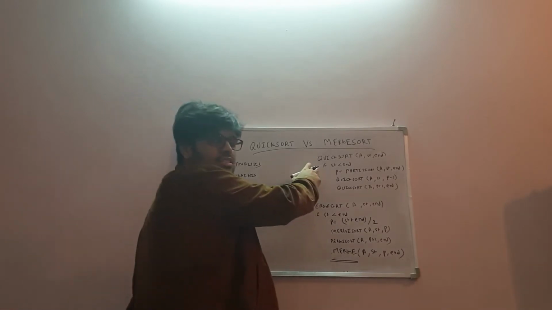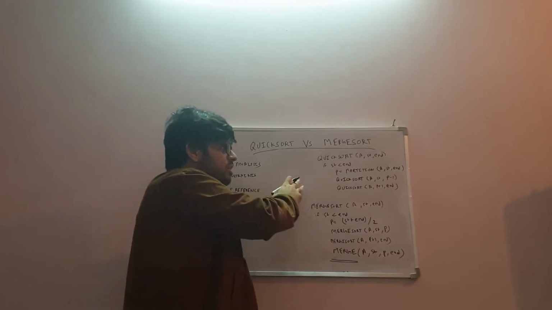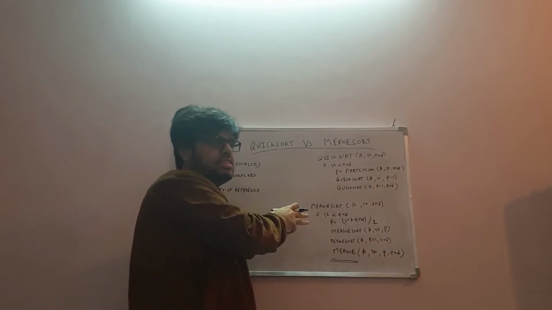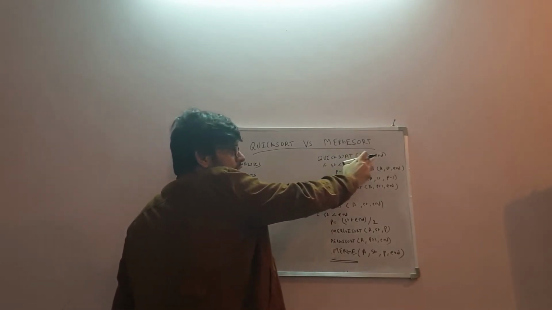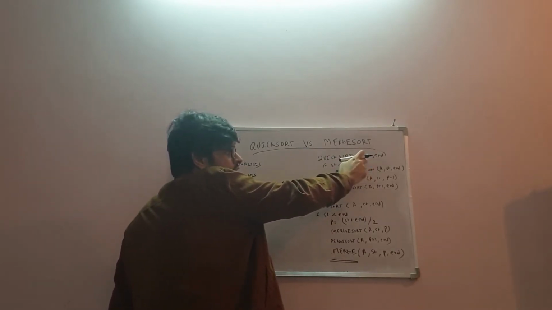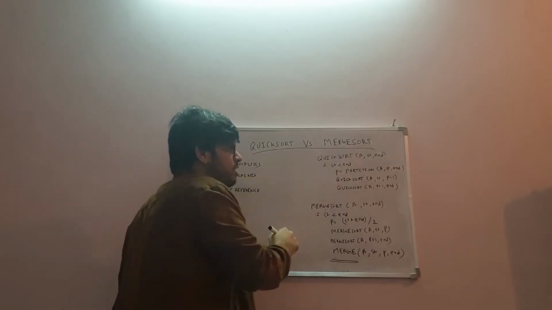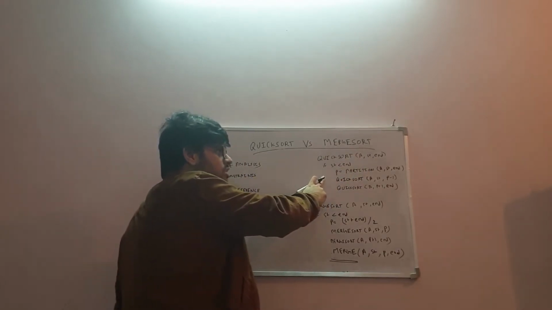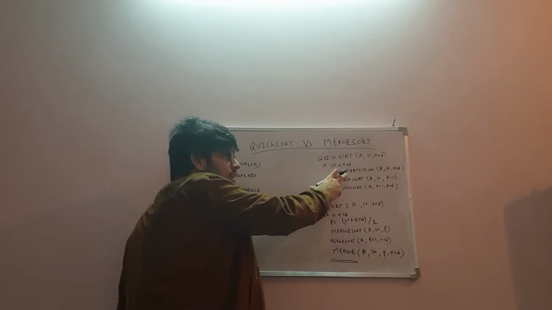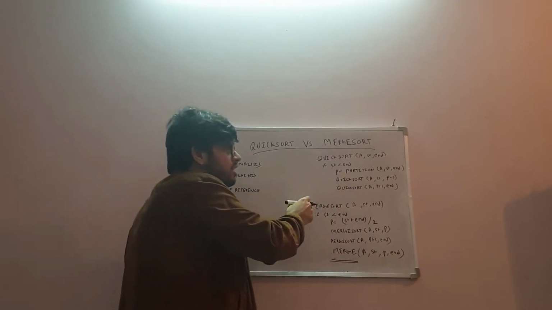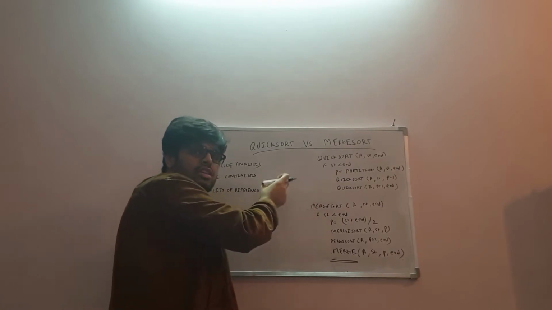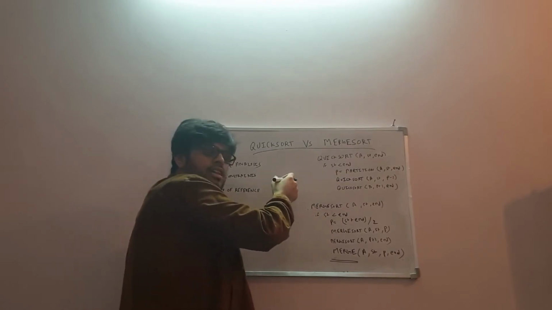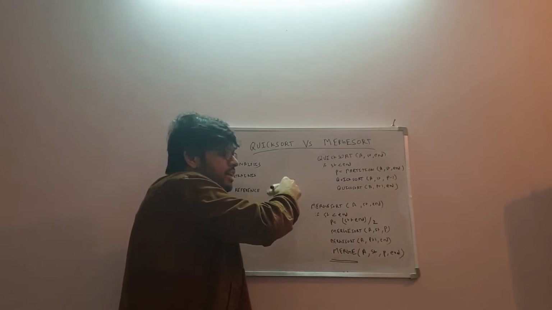So let's start with Quicksort first, and I'll assume that you have some idea about how these algorithms work. So what are we doing? We're taking an input array, and start and end are the start and end positions of this input array. We try to partition this input array around an element such that all the elements lesser than that element lie towards the left of the array, and all the elements greater than that particular element lie to the right of the array.